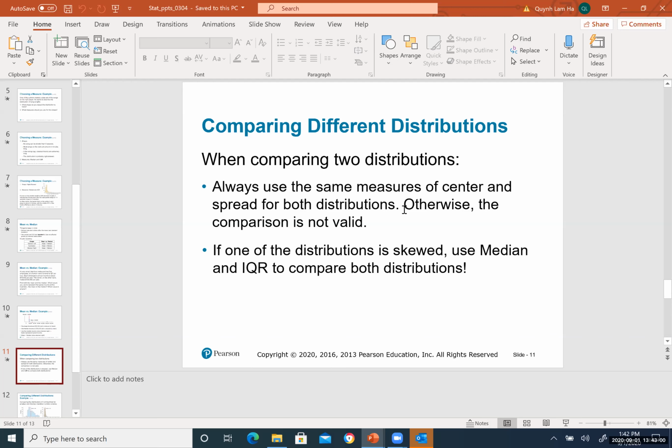But if one set is symmetric and one set is skewed, you find the center for the skewed one, which is the median for both, because for a symmetric distribution, median and mean work for both. So we put priority on skewed data to be more accurate for both. And the same thing with the measure of spread. If one of the distributions is skewed, you should use the IQR for both. And here it says use median and IQR to compare for both.